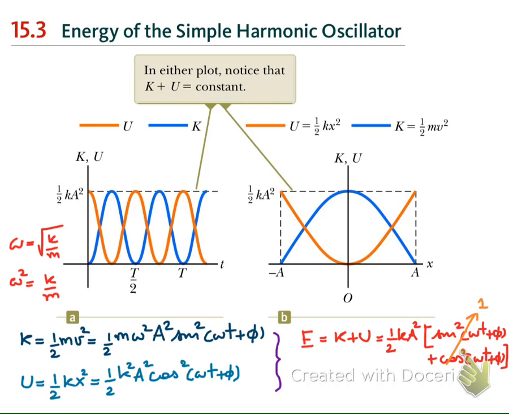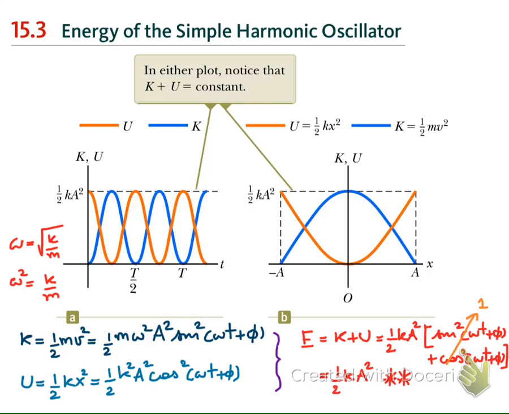So what we have is that the total energy of the simple harmonic motion is equal to half of k A squared. This is the total energy of the system.